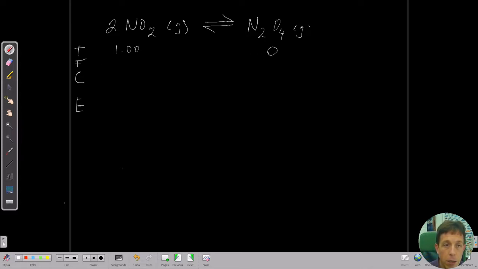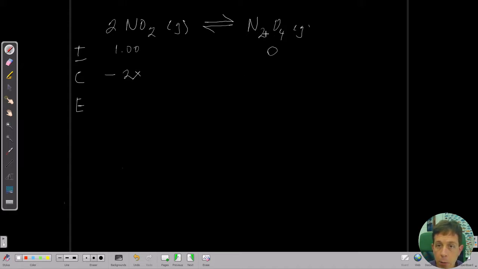Now we're looking at the change, so we know the partial pressure of NO2 in the container is going to change. It's going to have a negative sign, so it's going to decrease, and it's going to decrease by an amount of 2x because of the coefficient of 2 in front of the NO2.